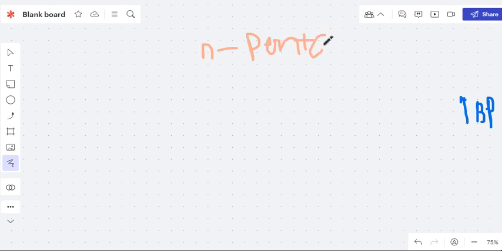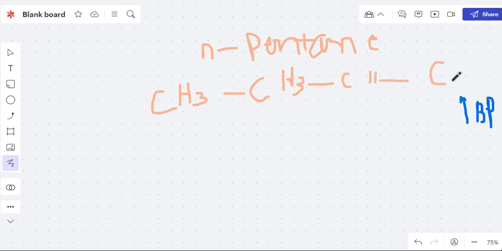It is something like CH3, CH2, CH2, CH2, CH3, five carbons. So this is n-pentane, a straight chain, not branched.